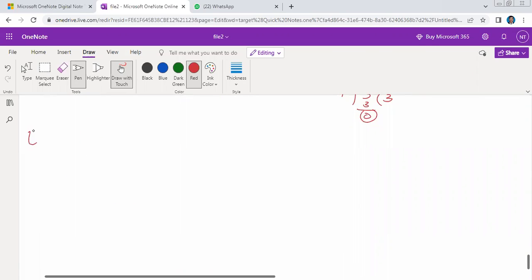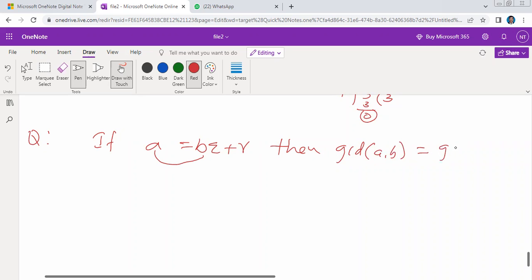So the statement is: if A is equal to BQ plus R, then the GCD of A comma B is the same as the GCD of B comma R. This is the rule.